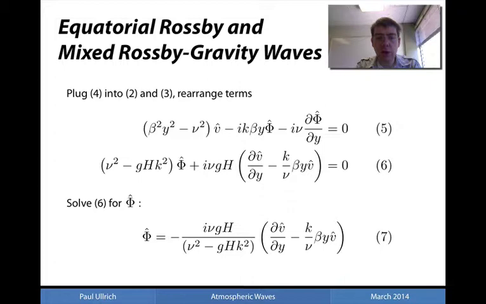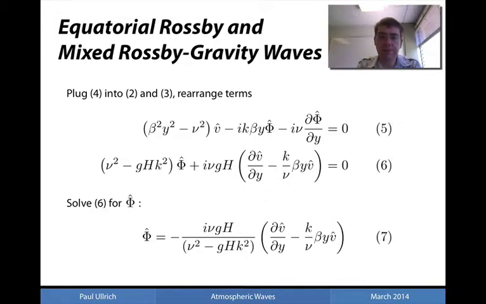However, observe closely that in order to make this substitution, we've had to divide through by nu squared minus GH k squared. This will come up later, as one of the solutions that will arise from the derivation sets this term equal to 0, and hence would prevent us from dividing through by it in equation number 6.